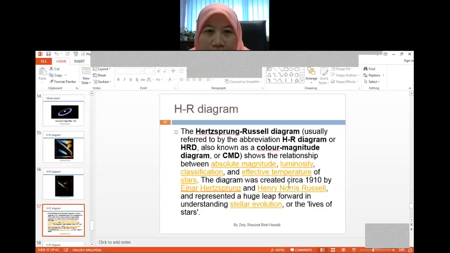This is very important, because from the HR diagram we can know the range of each category, such as the main sequence, what the mass of the stars in the main sequence is, and the range inside the supergiant category and so on. So we need this kind of HR diagram.